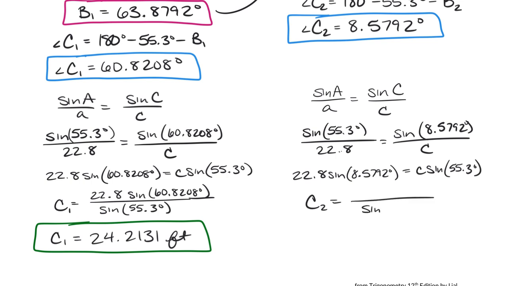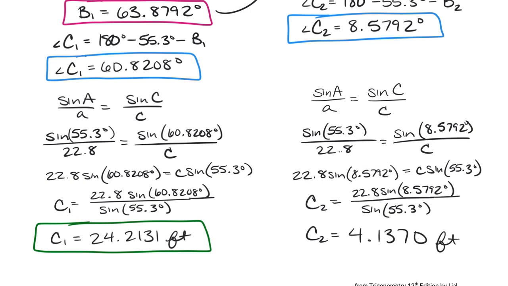We're just dividing by sine of 55.3 degrees. 4.13701. And voila. We have the A, the B, and the C, capital and lowercase, for both triangles.